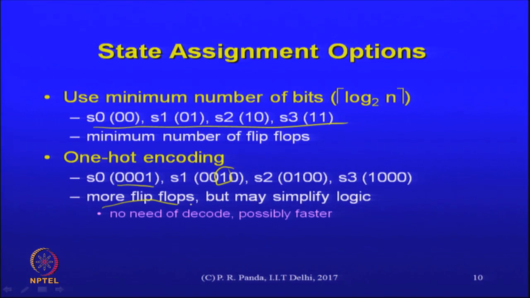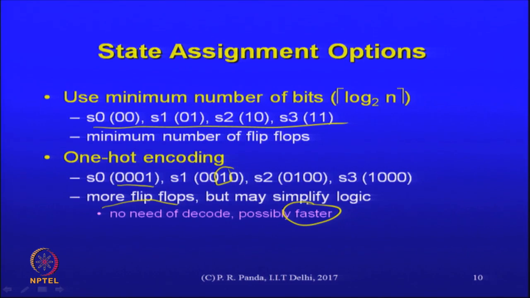But more important, this could possibly be a faster design, because the critical path is counted from flip flop to flip flop, from the Q output of the flip flop to the D input of the next flip flop stage. If the logic is simpler, then it is likely to be faster.